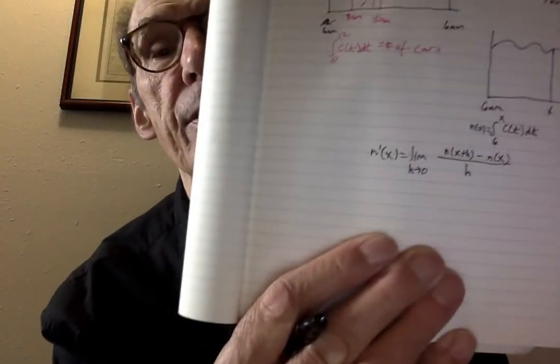It's an interesting situation here, because n prime of x is the limit as h goes to 0 of a big old nasty fraction, h on the bottom, and then n evaluated at x plus h minus n of x on top. Standard definition of the derivative.